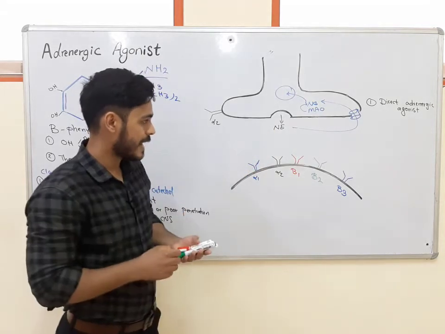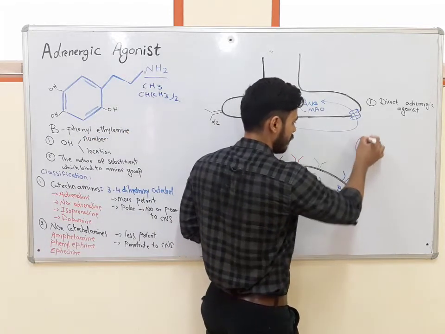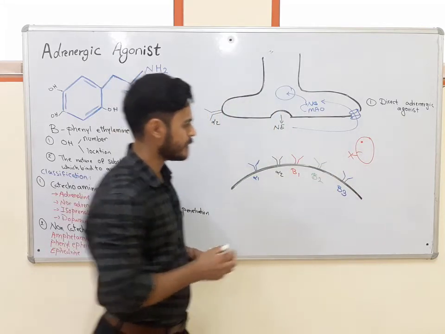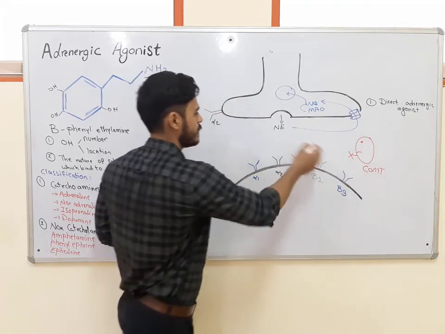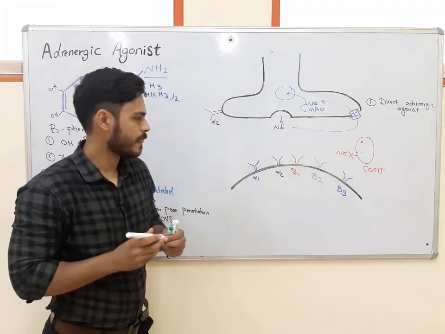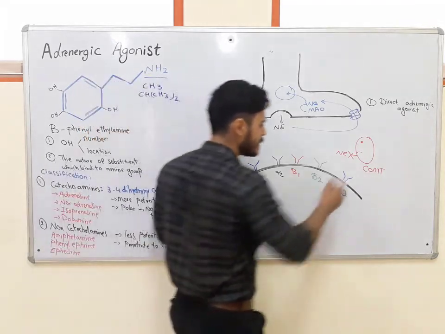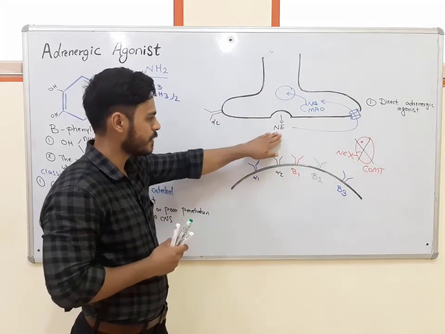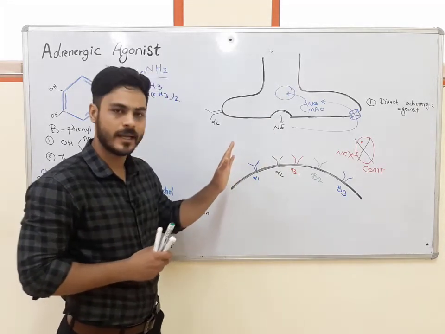This is another mechanism of action. The third mechanism of action: we have an enzyme in the synapses. Do you remember this enzyme? COMT. This enzyme breaks down the noradrenaline, it binds to the noradrenaline and cleaves it, and it terminates the action of noradrenaline. Now, if we can inhibit this enzyme by using any drugs, we can increase the concentration of norepinephrine in the synapses, so the effect of norepinephrine on the target organ will increase.